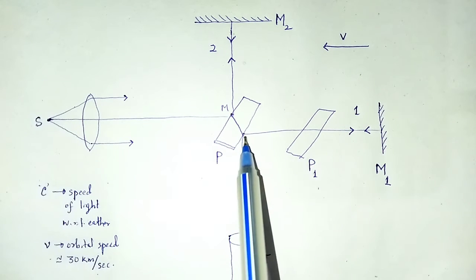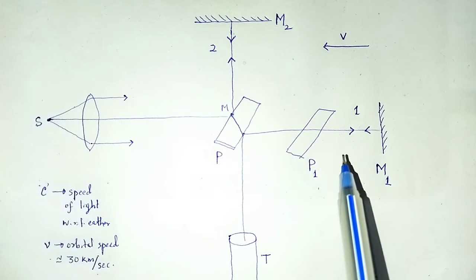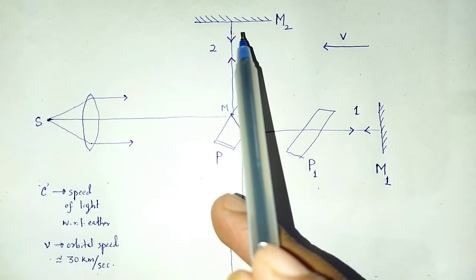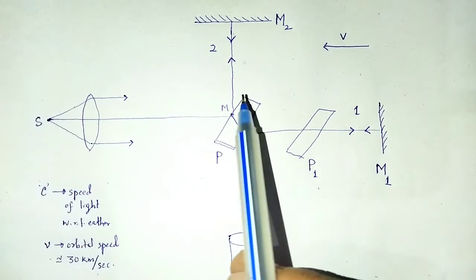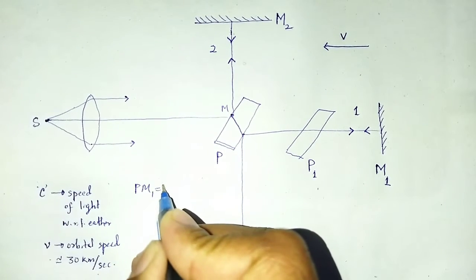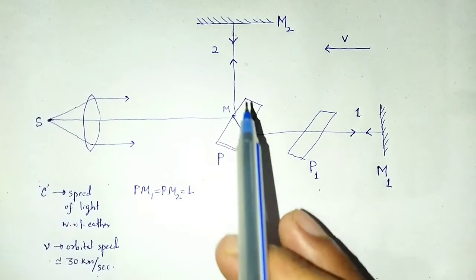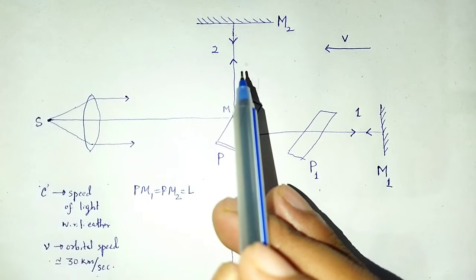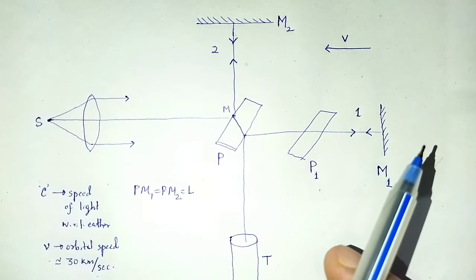PM1 and PM2 are mutually perpendicular, and let PM1 and PM2 be equal to L. So the rays 1 and 2 entering the telescope produce interference, which may be constructive or destructive depending on the phase difference or path difference of the two beams.